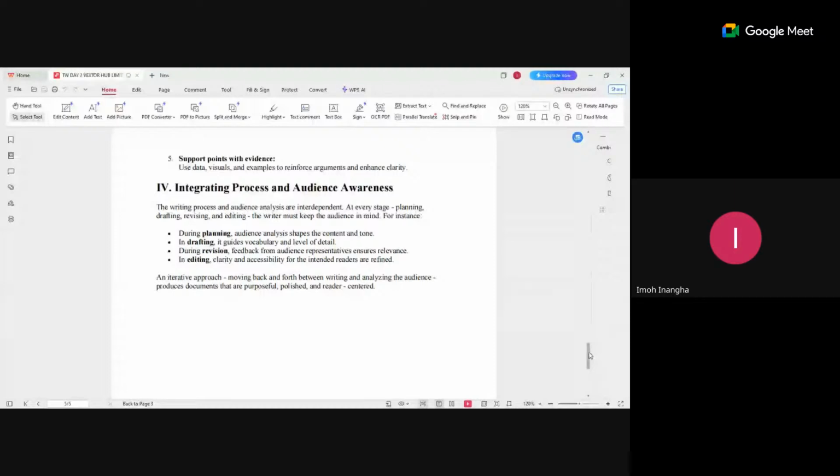That's the fourth one. I'm going through it again. The writing process and audience analysis are interdependent. At every stage, planning, drafting, revising, and editing, the writer must keep the audience in mind. For instance, during planning, audience analysis shapes the content and tone.